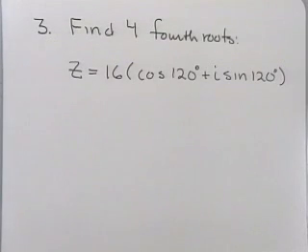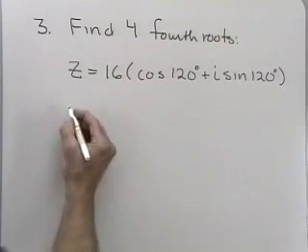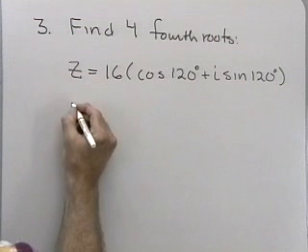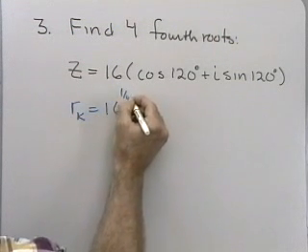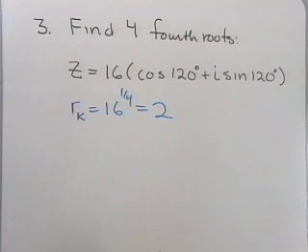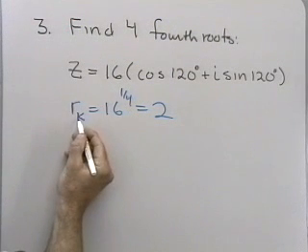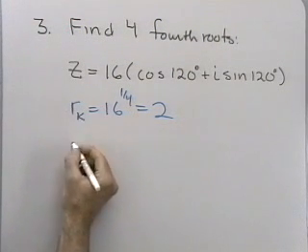I want the 4 fourth roots of z equals 16(cosine 120 plus i sine 120). So, as far as my formula is concerned, r sub k is 16 to the 1/4, that's the number 2. That will be the modulus or absolute value of each of my roots.